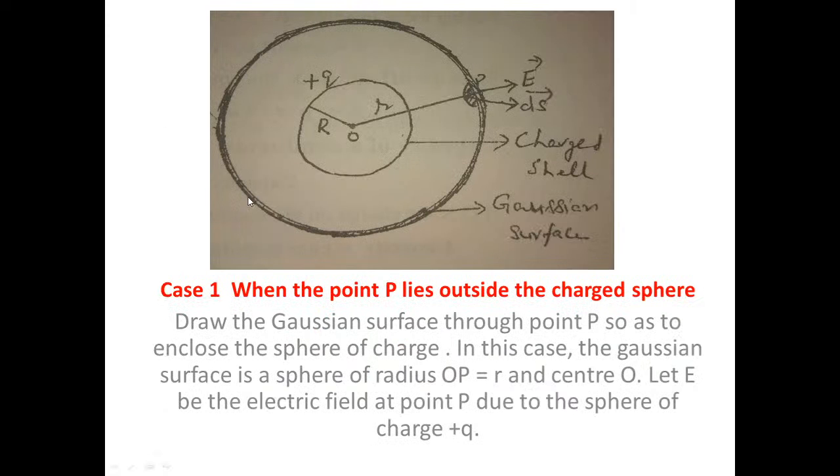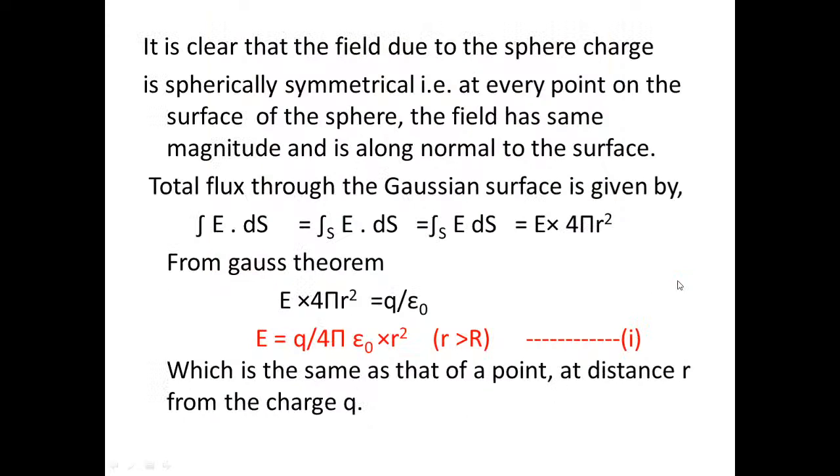This is your Gaussian surface, this one of radius small r.